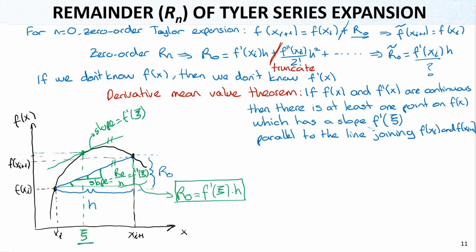So this is the basic theorem, the derivative mean value theorem. And then we can say this value marks the x value where the slope occurs.